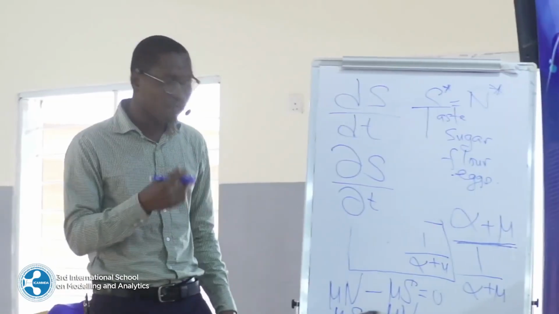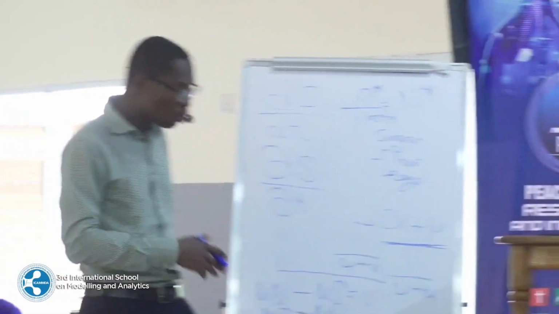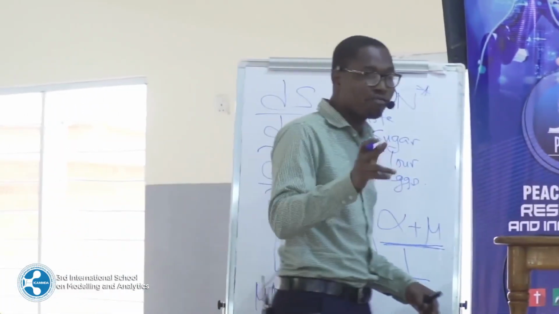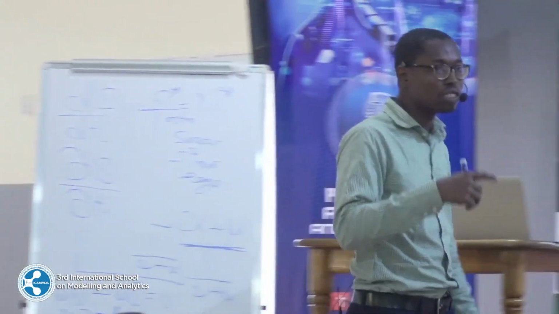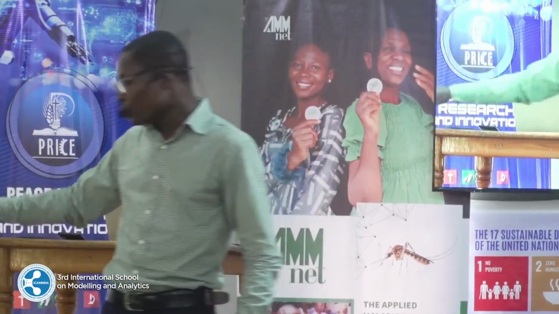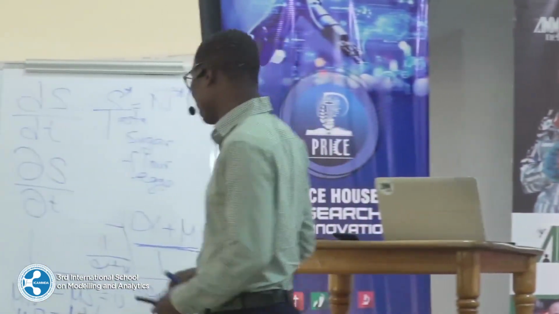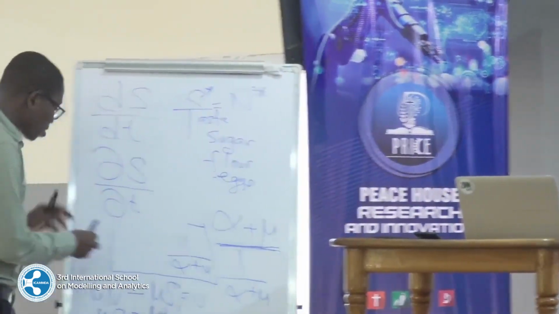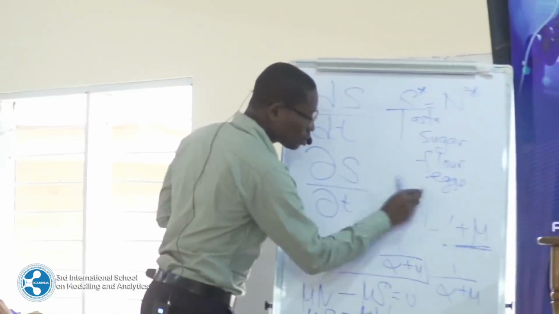We are looking at a function that depends on several variables, not one variable, and then you want to see how that dependent variable changes with respect to maybe one of those independent variables, and then you keep other independent variables constant. So that's what partial derivative is all about.